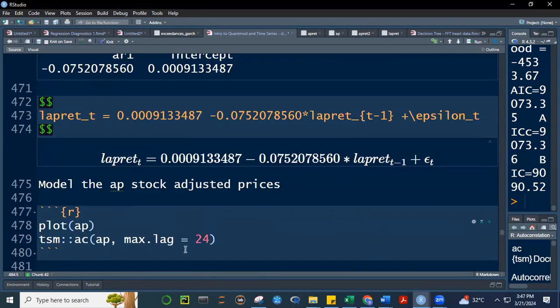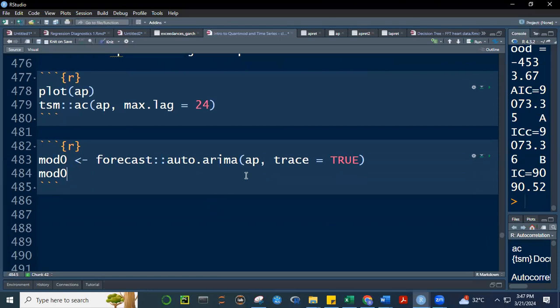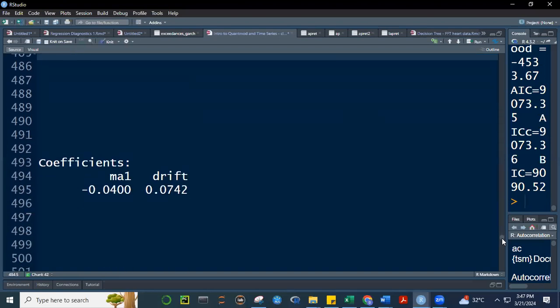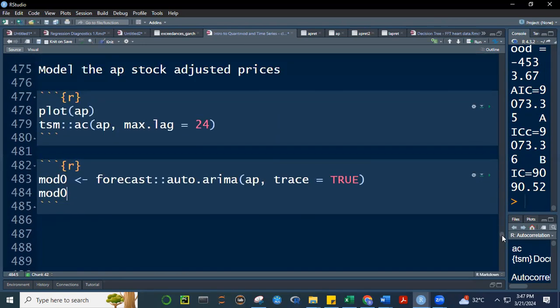Ginawa lang natin dito, class, ginamit natin si auto.arima kay AP, which is not a stationary data series. And ang lumabas na model ay ARIMA 011. Kindly chat please if you were able to get that answer.